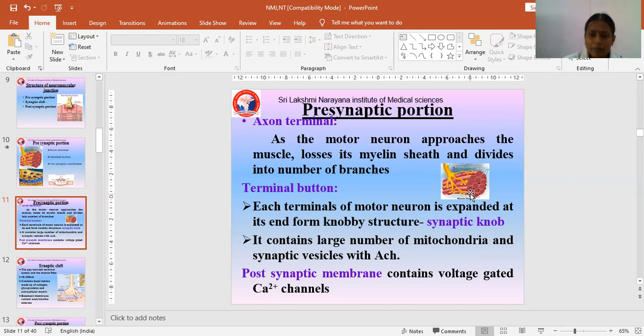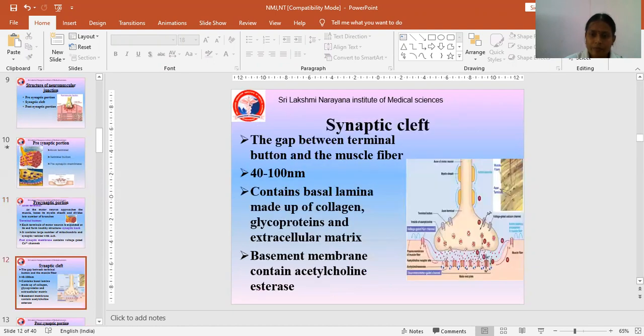The membrane covering the nerve terminal is called the presynaptic membrane. The presynaptic membrane contains voltage gated calcium channels. We discussed the presynaptic portion, which consists of the axon terminal, terminal button, and presynaptic membrane. The axon terminal is nothing but the axon of the presynaptic neuron.